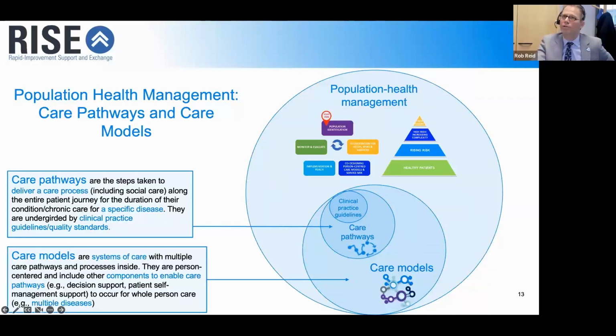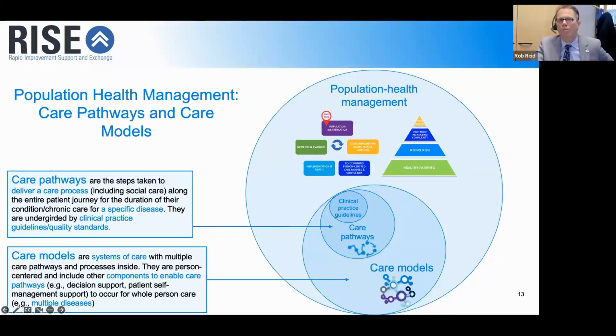So for instance, the provision of decision support tools for physician offices, the delivery of self-management support resources for patients directly. And they often now start encompassing whole person care. So for instance, making sure that persons with diabetes also get their other care needs met, such as breast cancer screening and colorectal cancer screening.